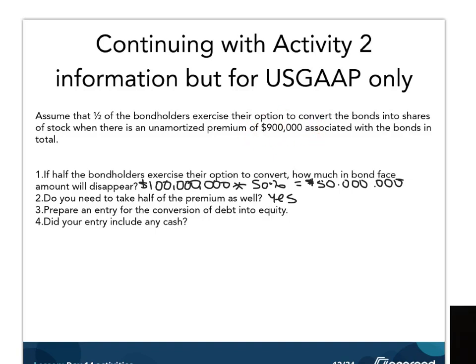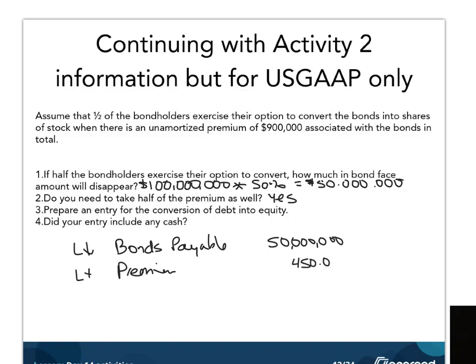All right, so now we're going to look at our entry to convert the debt into equity. And it's really just going to use the information that we just had up here in item number 1. If I need to get rid of 50 million in face amount of the bonds, that's going to be a debit to bonds payable for 50 million. And I need to get rid of half of the premium. That's going to be 450,000.